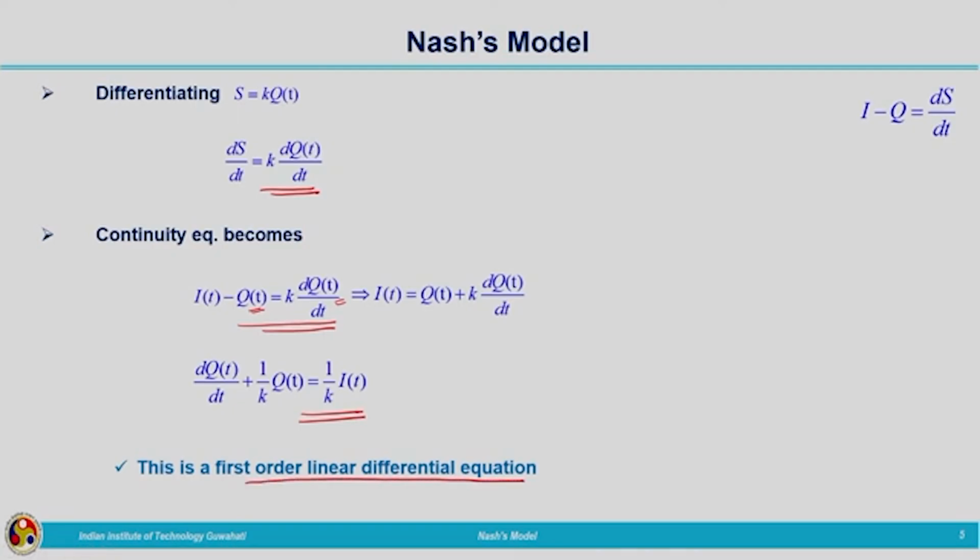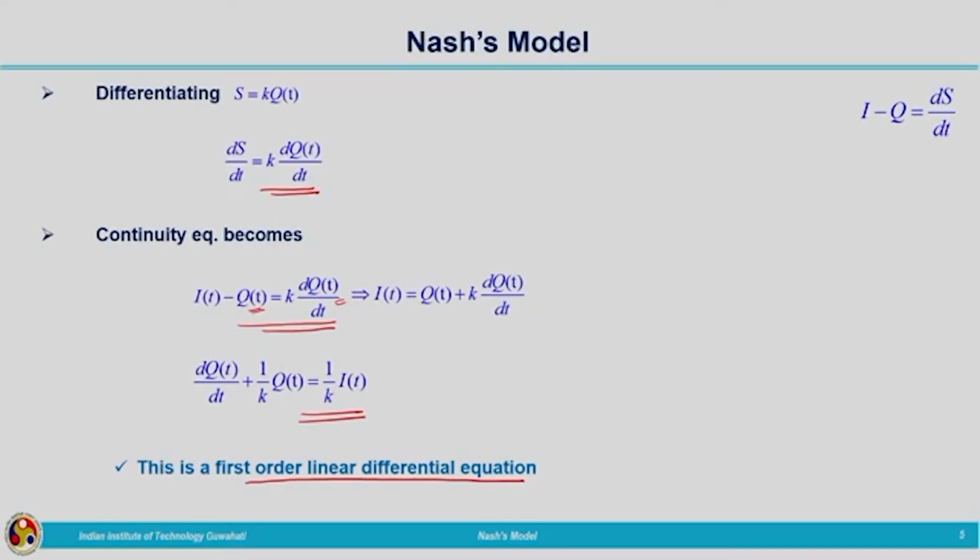We have considered our continuity equation. In that, we have substituted the expression for dS by dt, the time rate of change of storage, written in terms of the derivative of the storage function. After that, we have rearranged the continuity equation for finding the outflow from the linear reservoir, represented by Q of t.